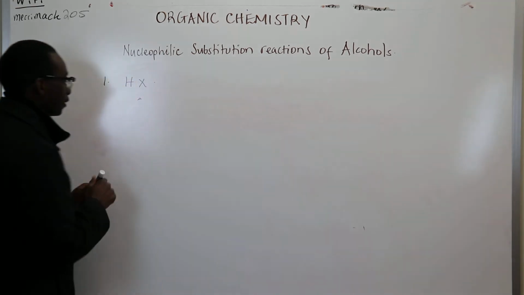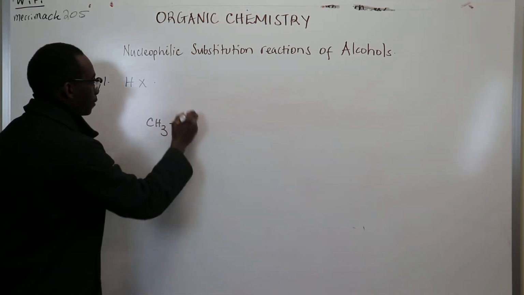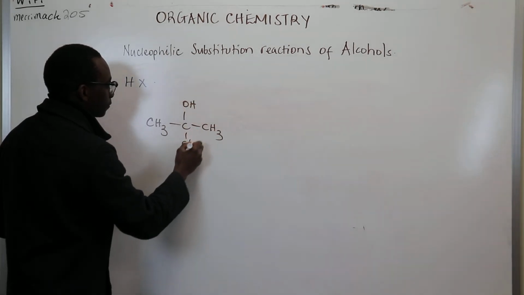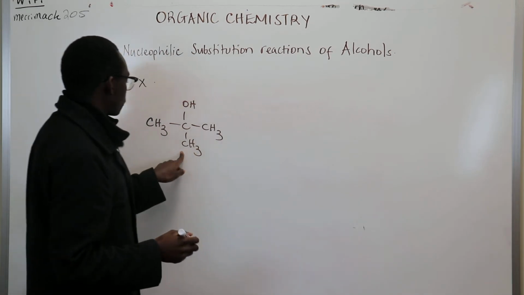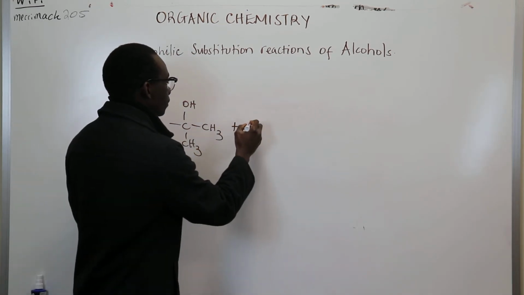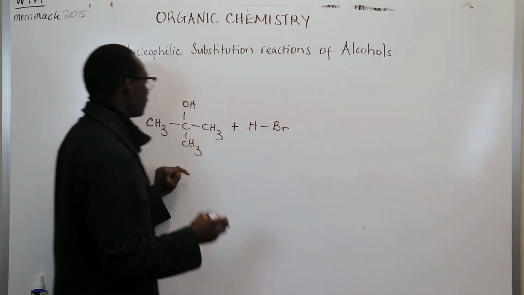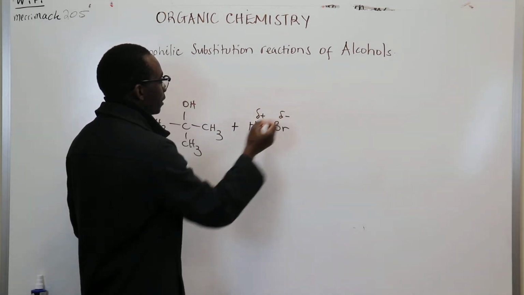So now we have this alcohol reacting with a hydrogen halide. Let me use hydrogen bromide again. This bond is polar, partially positive, partially negative.